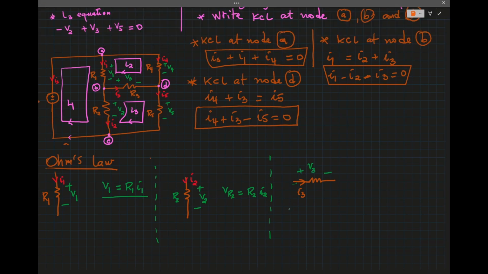So when we write Ohm's law here, V3 will be R3 I3, because the current is from plus to minus. So we have that.